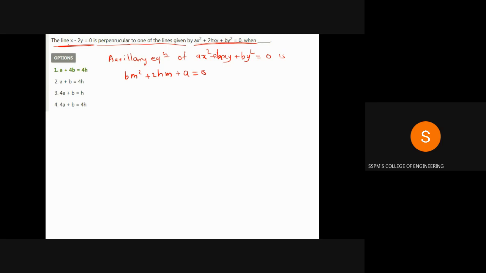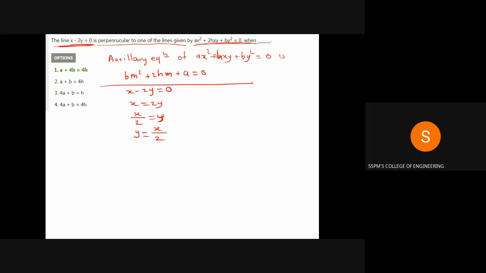What is the equation? The equation is x minus 2y is equal to 0. That is x is equal to 2y, that is x divided by 2 is equal to y. So simply write the equation in the form of y. If we rewrite this, y is equal to x by 2.